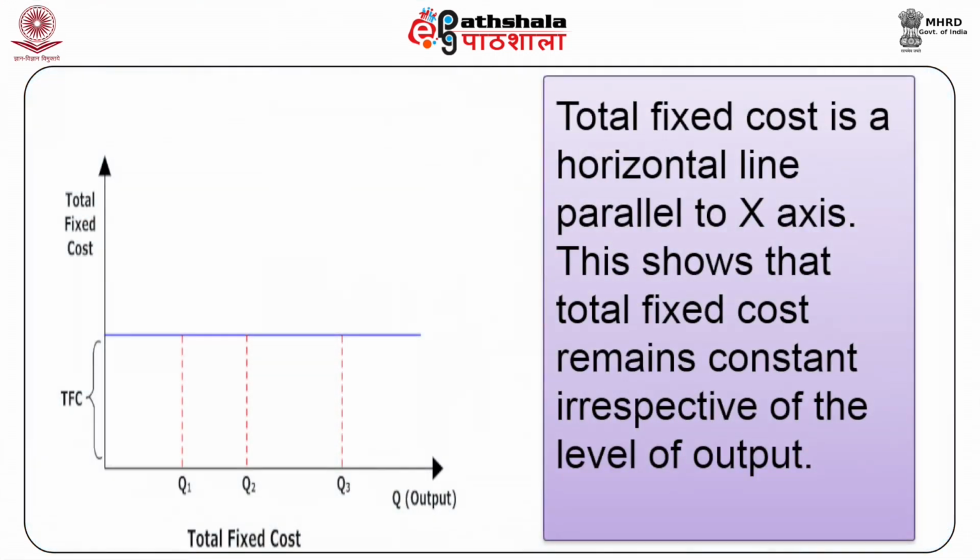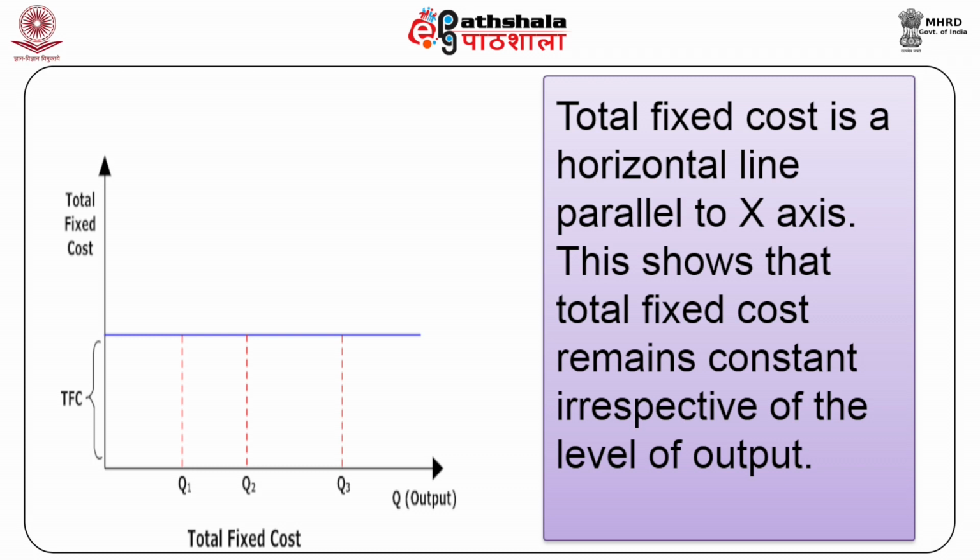So if we look at the figure which is about the total fixed cost, you would see that on the y-axis we have TFC, which is a fixed amount shown by the bracket. Then the total fixed cost line or curve is parallel to the x-axis, because we have just said whether the production, which is given on the x-axis denoted by Q, is 0 or infinity.